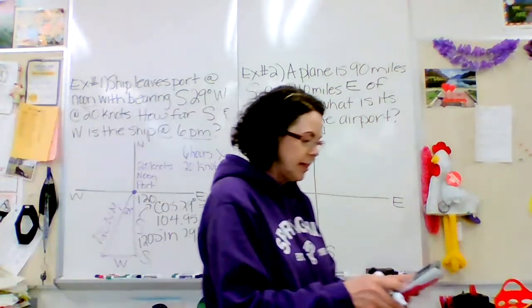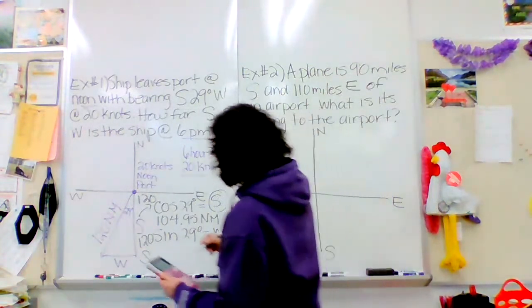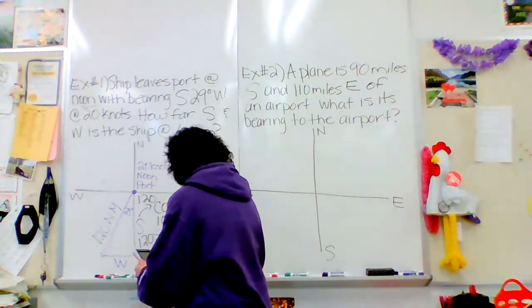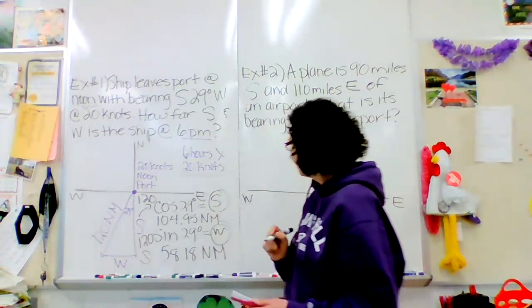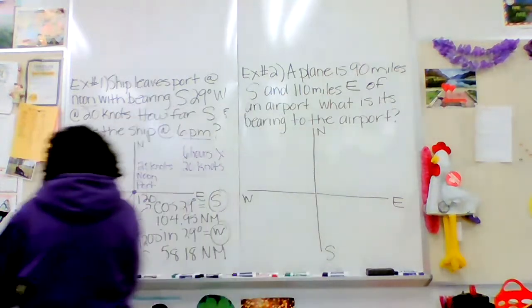So 120 sine of 29, and that ship is now 58.18 nautical miles west. There we go.